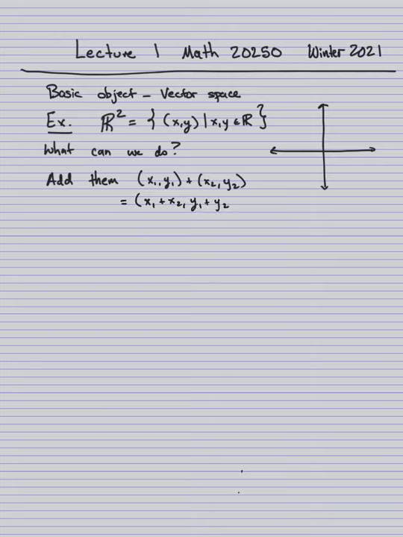In other words, we have a plus operation on the real numbers, we know how to add here, so we can just extend this to R2 coordinate-wise. You add the first coordinate and then you add the second coordinate.